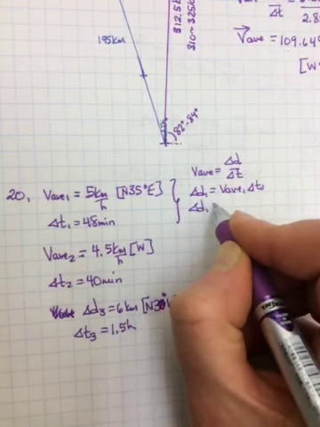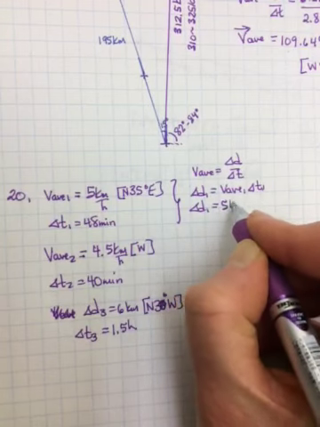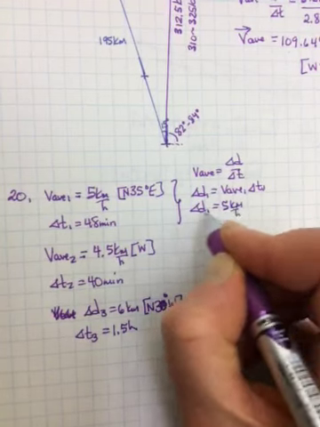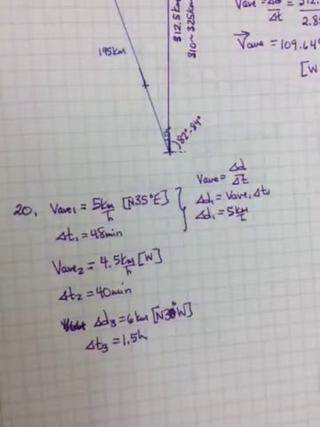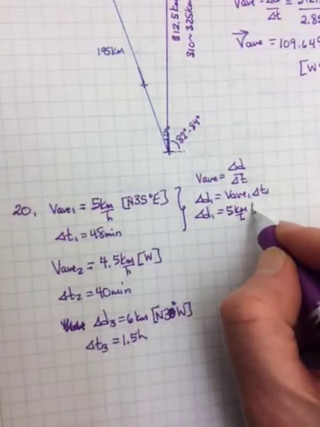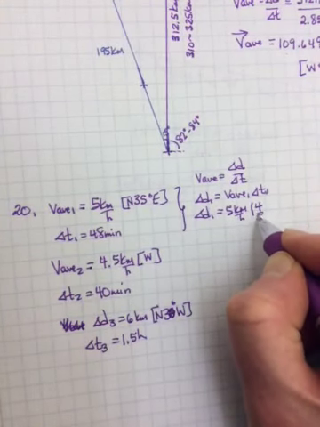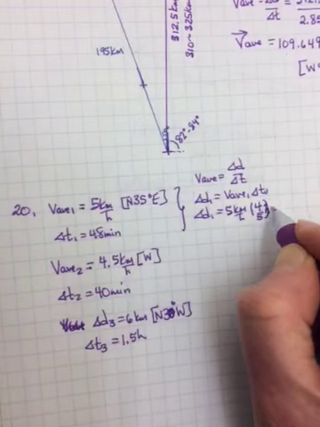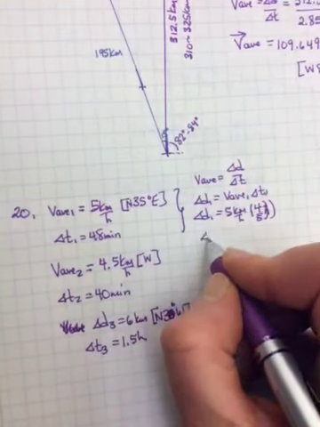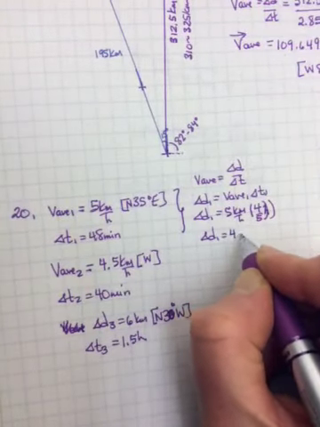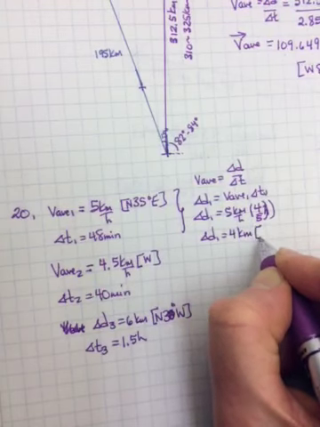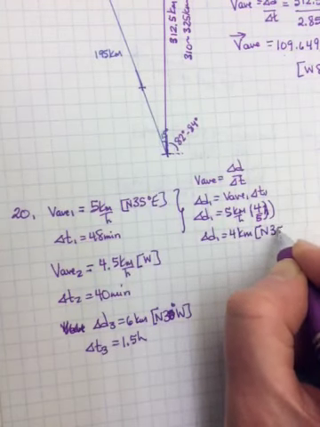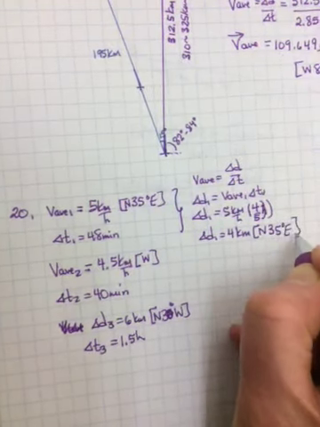So delta D1 will equal 5 kilometers per hour, and 48 minutes is 4/5 of an hour. So delta D1 should be 4 kilometers. And the direction will be the same, north 35 degrees east.